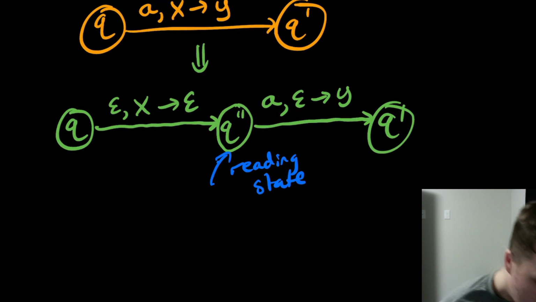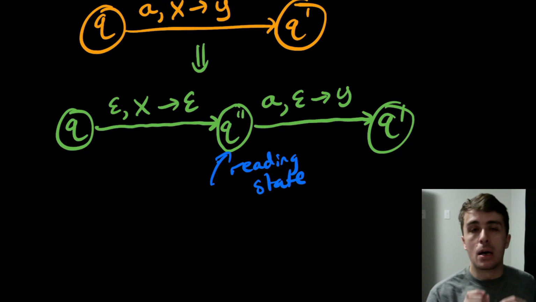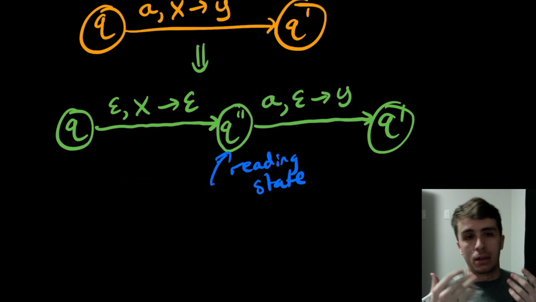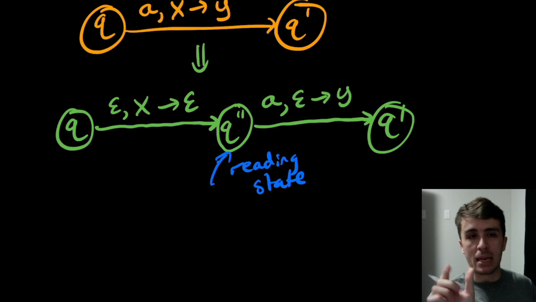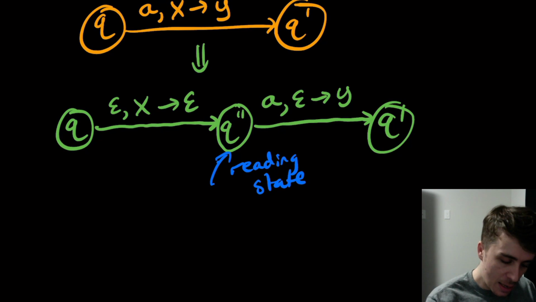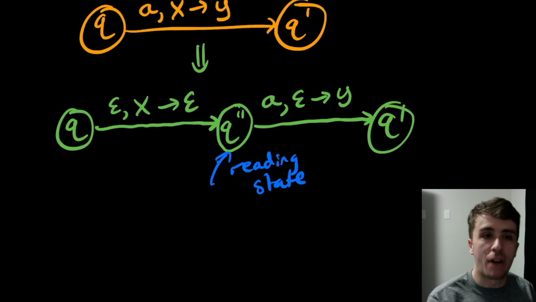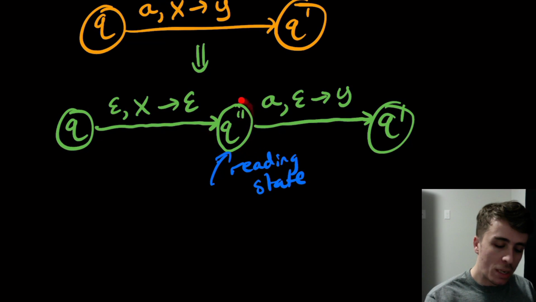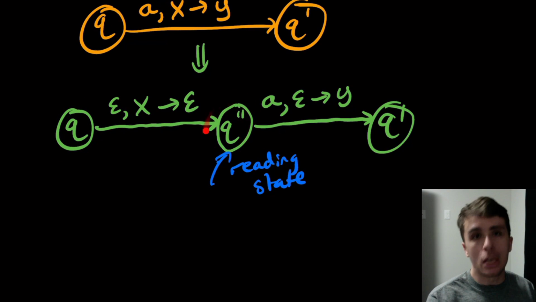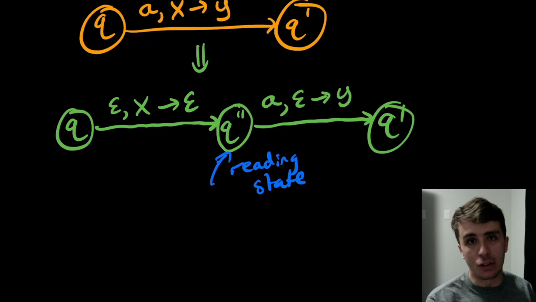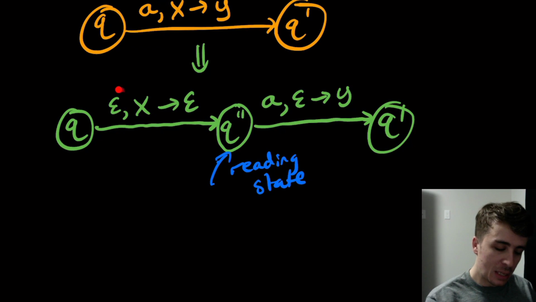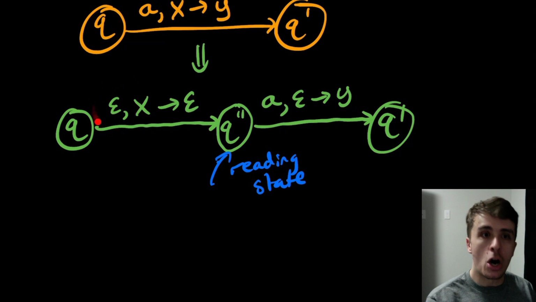Okay, so we're actually very close now, believe it or not. The only problem is if we have a transition, let's say from Q to Q double prime like this, where Q is a final state. Well then, what does Q double prime have to be? Q double prime has to also be a final state. Why? Because there's a non-reading transition going from one to the other.